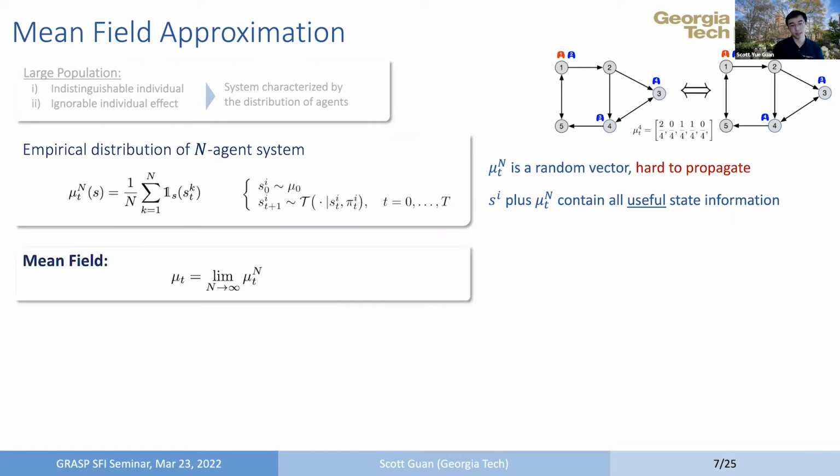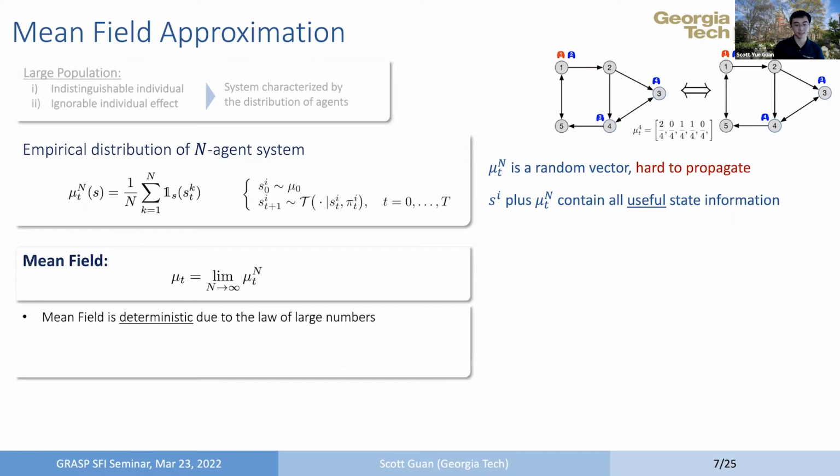Now we want to take this empirical distribution for an infinite population system. So we define the mean field as the empirical distribution of the infinite population. The benefit of doing that is that the mean field now becomes deterministic due to the law of large numbers. When you are averaging a large number of samples, you essentially just get the mean of your samples.